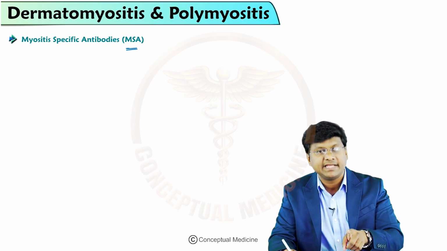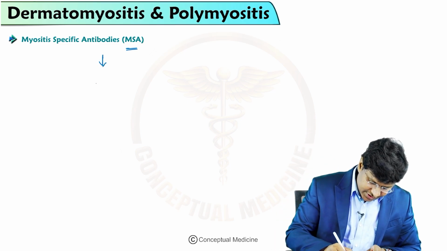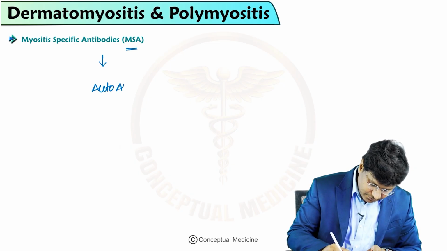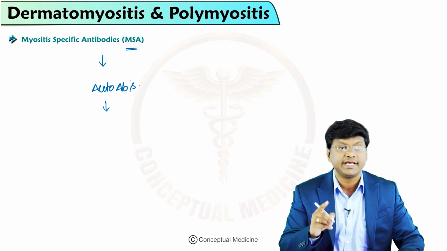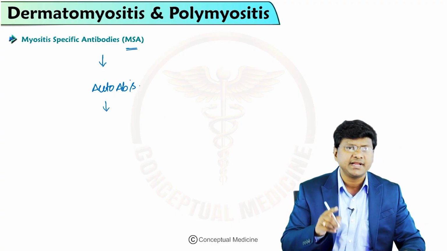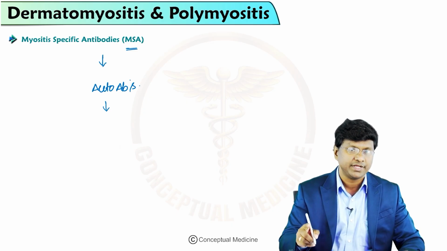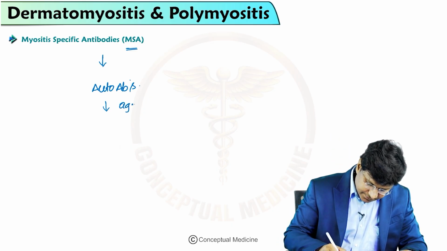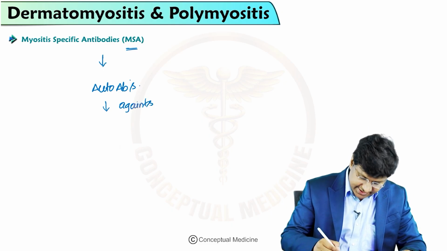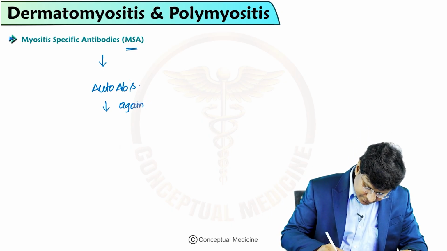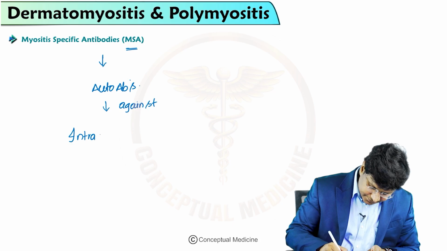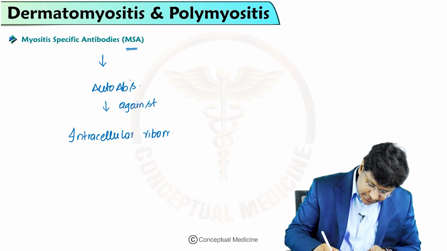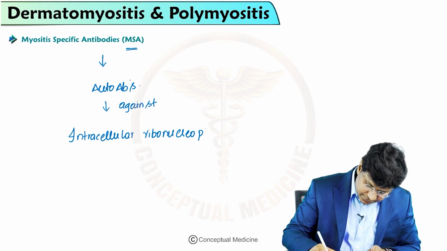Myositis specific antibodies are autoantibodies, and these autoantibodies are usually directed against intracellular ribonucleoproteins, right?